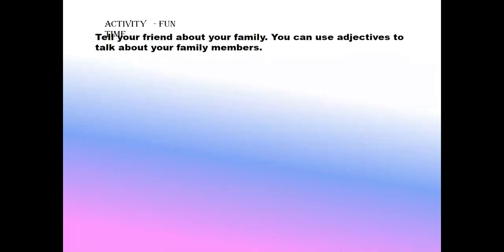Now, here is one activity for you. I know it's too much work and explanation. So, here I'll show you one picture. You have to tell your friend about your family. You can use describing words, adjectives, to talk about your family members.